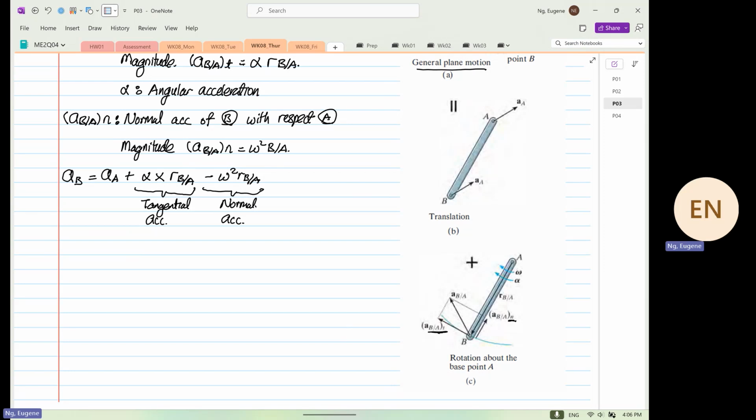Are we clear? Yes. Normal acceleration is pointing towards the center of rotation.